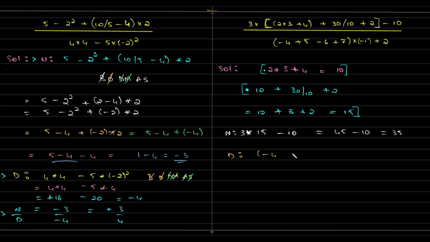has -4, +5, -6, +7 into -1 plus 2. -4 plus 5 is 1, -6 plus 1 is, okay, sorry, let me do it a bit slowly. Applying BODMAS.